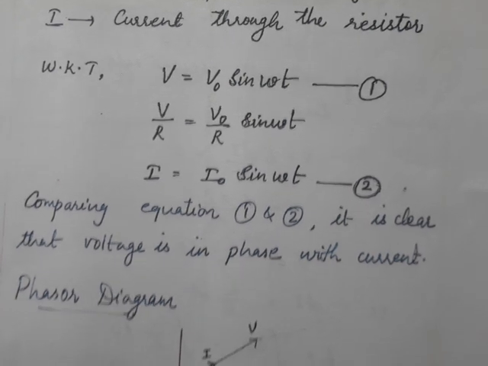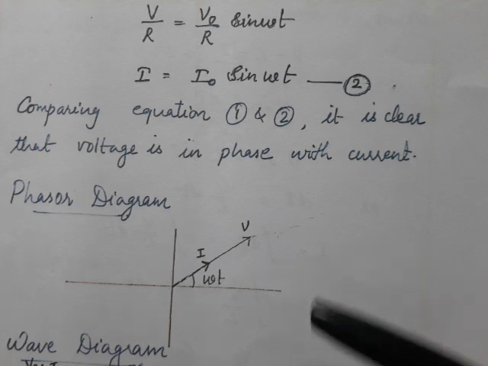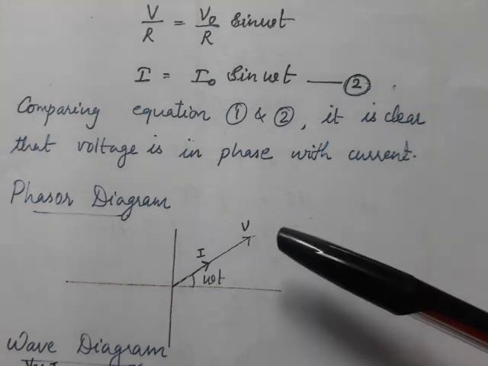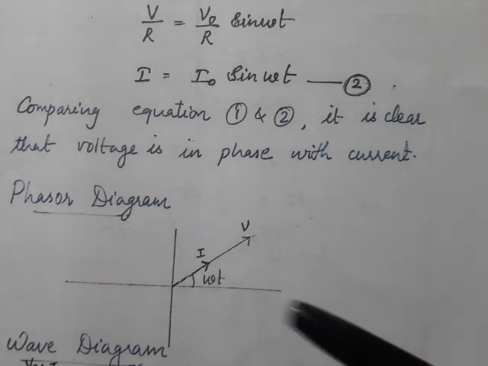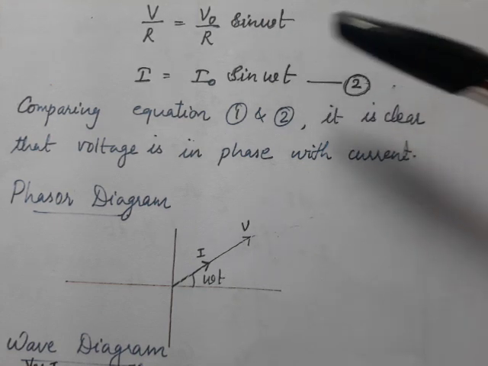We have a particular diagram showing how the voltage and current are related. That diagram is called a phasor diagram, and here is a phasor diagram for a resistor. Here we have the voltage shown, and the current, and also the angle. That angle is omega t.